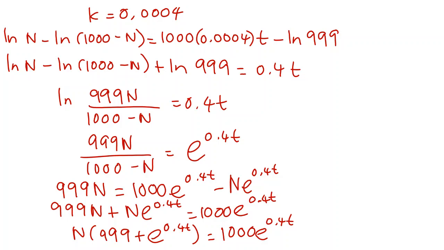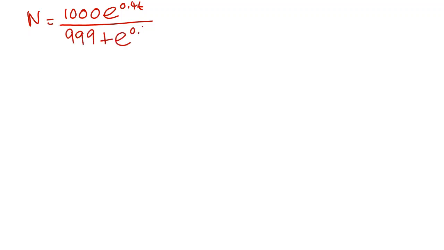Okay, so now we want to find n. So n here equals 1000 e to the power of 0.4t over 999 plus e to the power of 0.4t. Since you want to show the form in the question, we are going to multiply with e to the power of negative 0.4t on the numerator and denominator.